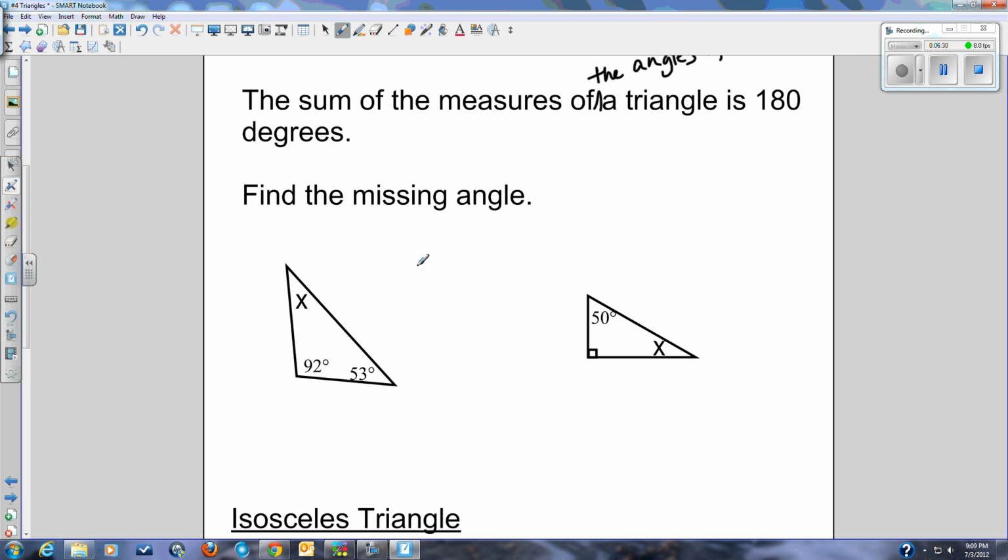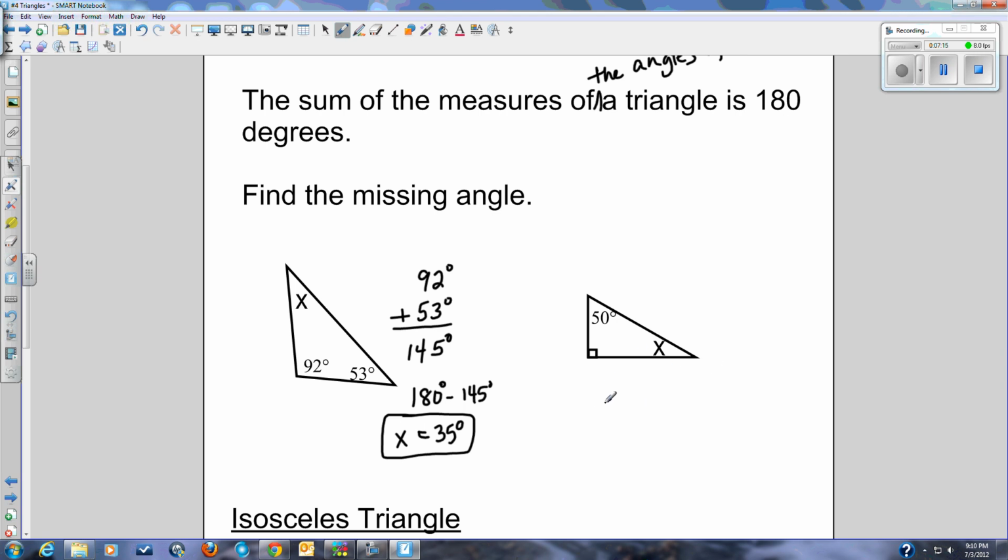We have one angle that measures 92 and another angle that measures 53. If we were to add those angles together, we have 145 degrees. And if we were to subtract that from 180 degrees, we could find our missing angle. And 180 degrees minus 145 gives us 35 degrees. So our missing angle is 35 degrees.